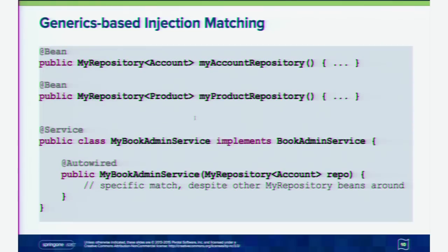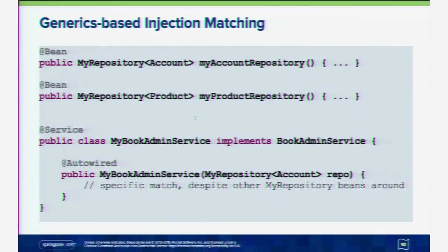Let's assume there are two admin methods declaring MyRepositories. One declares a MyRepository of Account in its return signature. The other declares a MyRepository of Product. As of Spring 4, we do the obvious for you. We are going to select the MyRepository of Account variant above and inject it here.